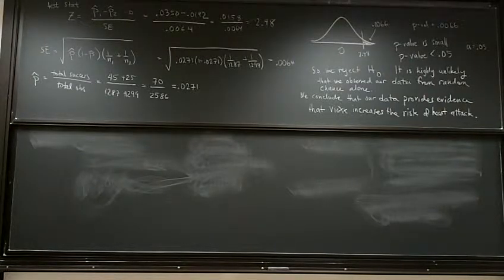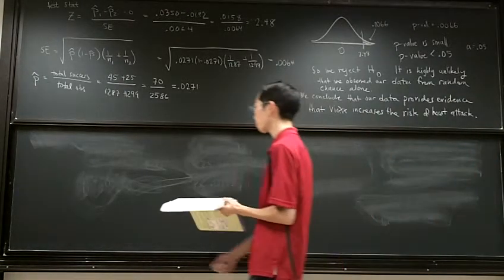All right. Let's look at our table. Page A7, T distribution critical values.